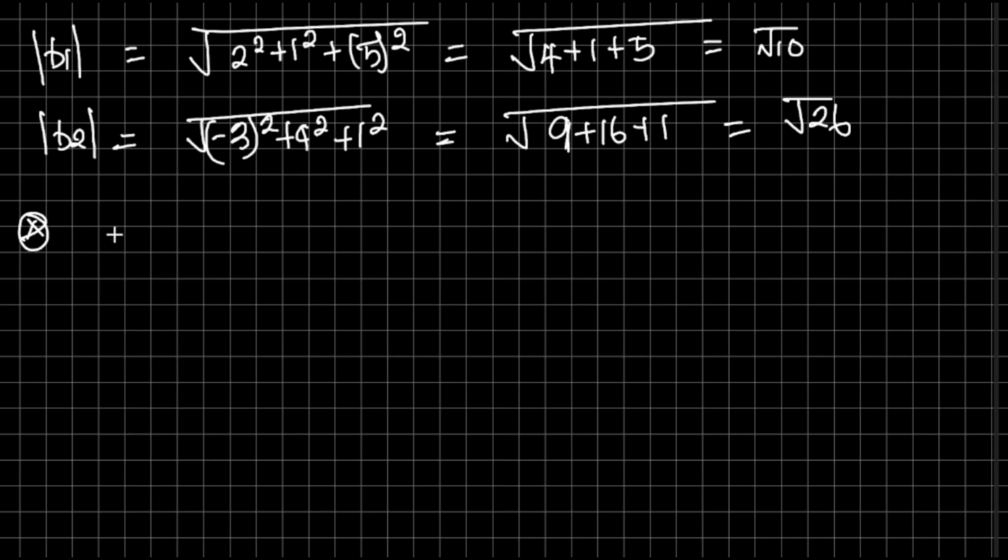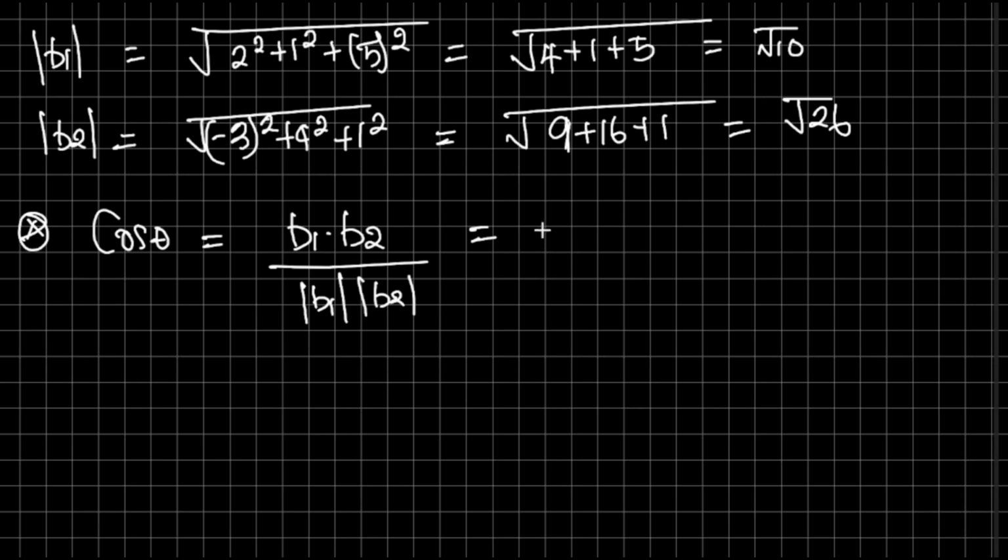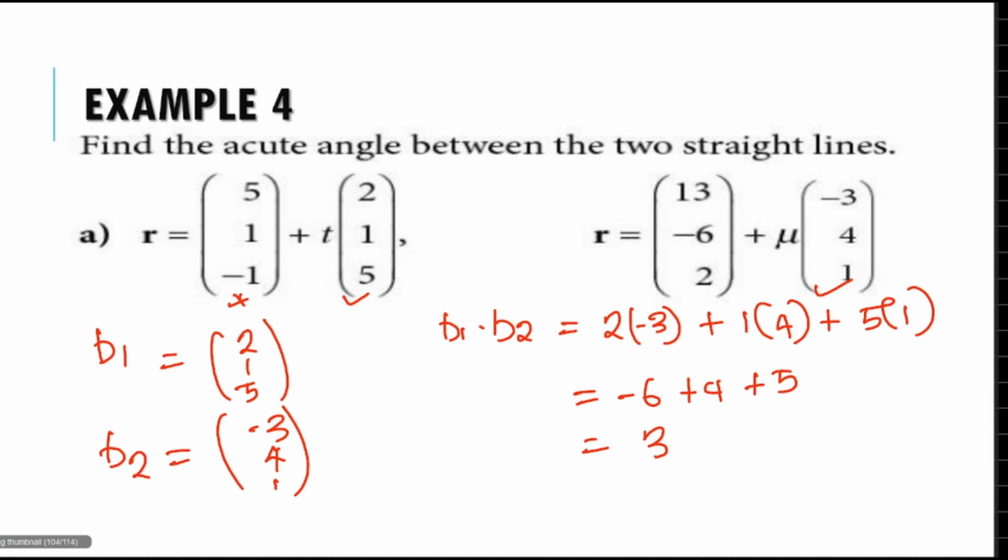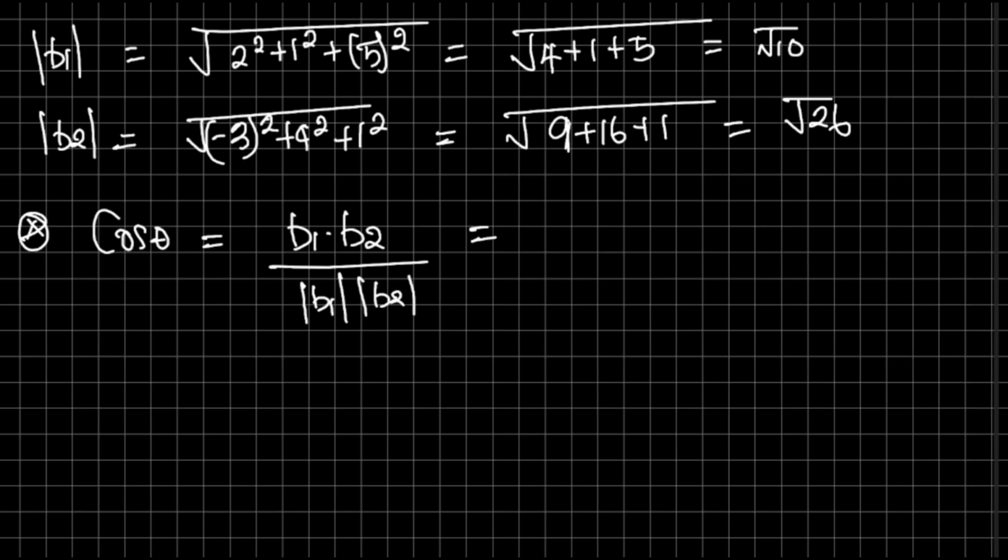The next thing is to calculate the angle. Cos theta equals b1 dot b2 all over magnitude of b1 times magnitude of b2. That is 3 all over the square root of 10 multiplied by the square root of 26, which is 3 all over the square root of 260.